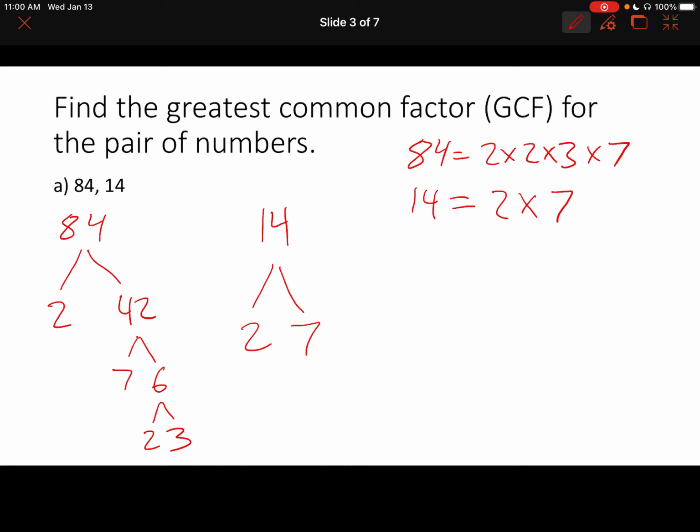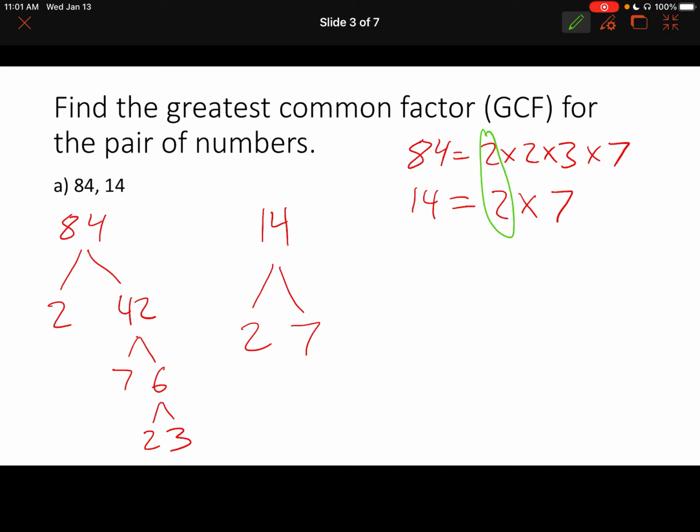Okay, now that we've done prime factorization for both our numbers, we want to find the greatest common factor. The greatest common factor is the biggest number you can find that is a factor of both 84 and 14. So we pair up all the common factors.